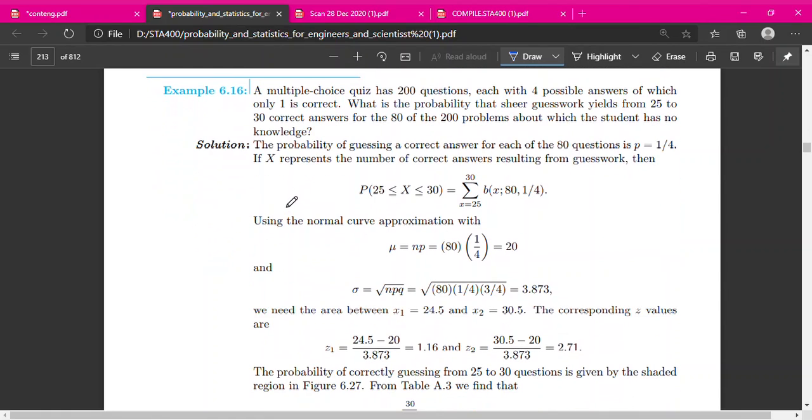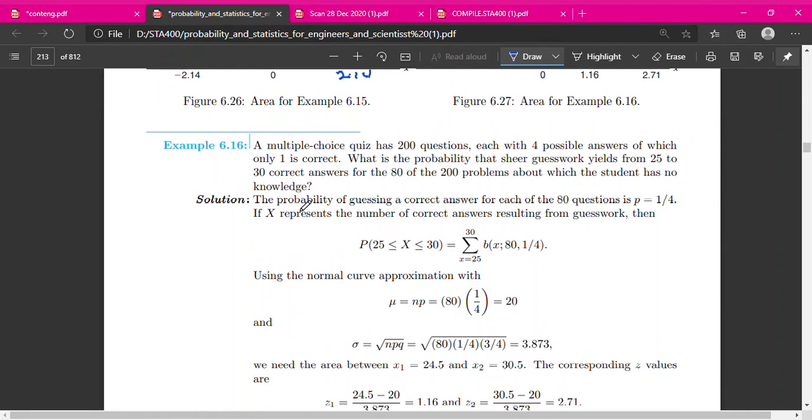Contoh. A multiple choice quiz has 200 questions, each with 4 possible answers, of which only one is correct. What is the probability that sheer guesswork yields from 25 to 30 correct answers for the 80 of the 200 problems about which the student has no knowledge? Semua sekali ada 200 question, each with 4 possible answers, of which only one is correct.